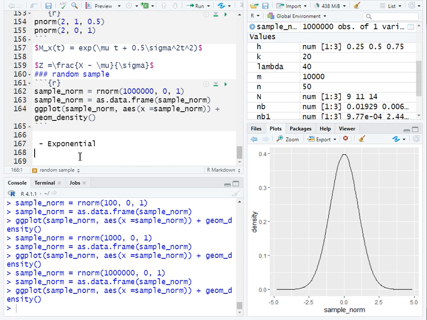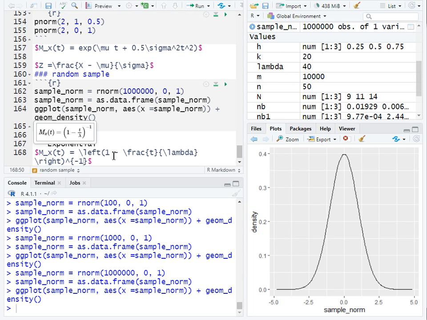What we have here for our exponential distribution is the moment generating function of x, which is 1 minus the fraction of t and lambda, to the power of minus 1, where t is less than lambda.